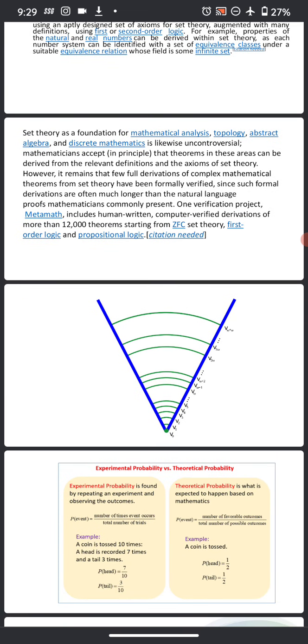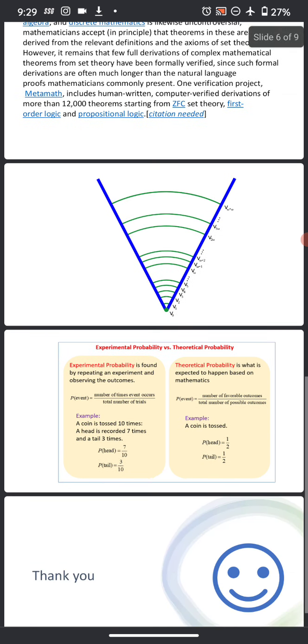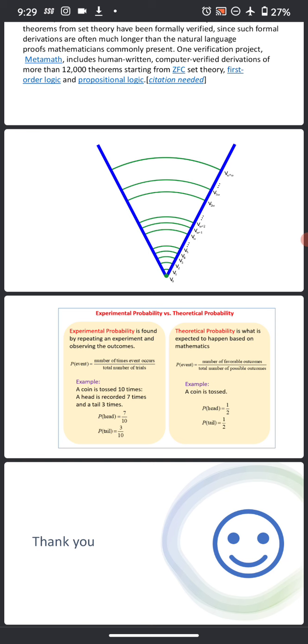So this is the drawing, and you have the difference between experimental probability and theoretical probability. Experimental probability is found by repeating an experiment and observing the outcomes. P(event) equals the number of times the event occurs divided by the total number of trials.